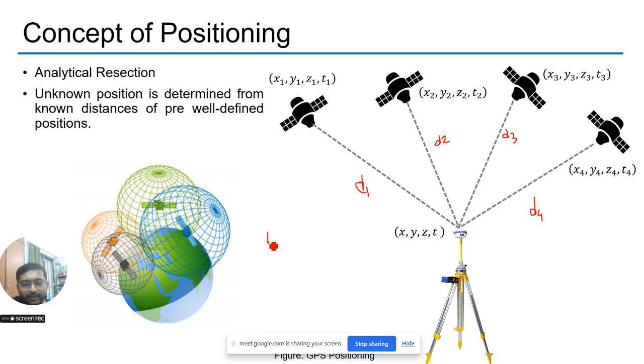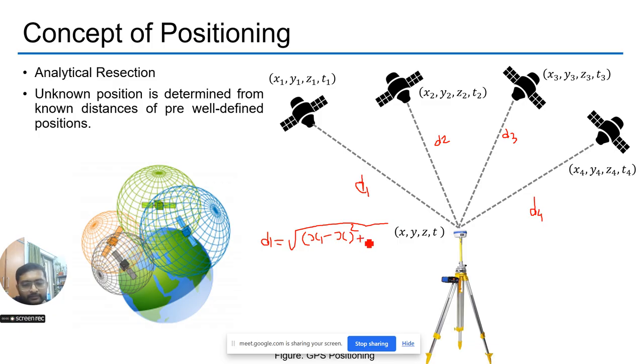If we have d1, then the distance between two points is given by, like we do in Cartesian distance, the square root of (x1 minus x) squared, similarly (y1 minus y) squared and (z1 minus z) squared.